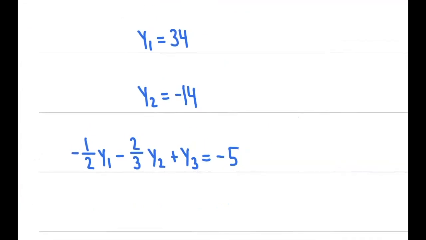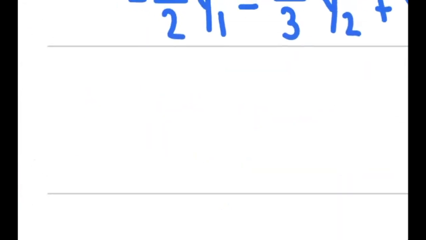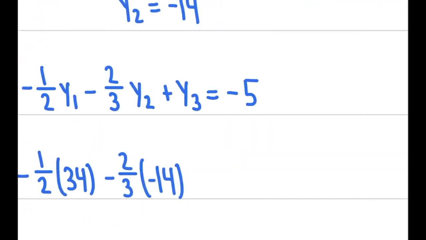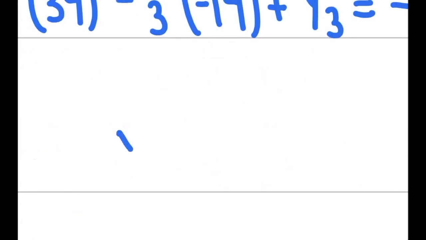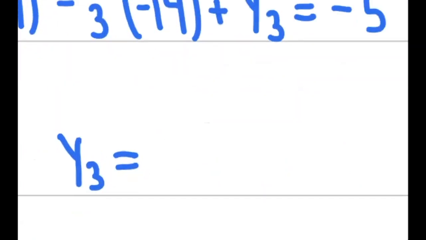All right, so we know y1 and y2, so let me plug that in. We know y1 is 34. We know y2 is -14. So if you do all the arithmetic, you will get that y3 is 8/3.